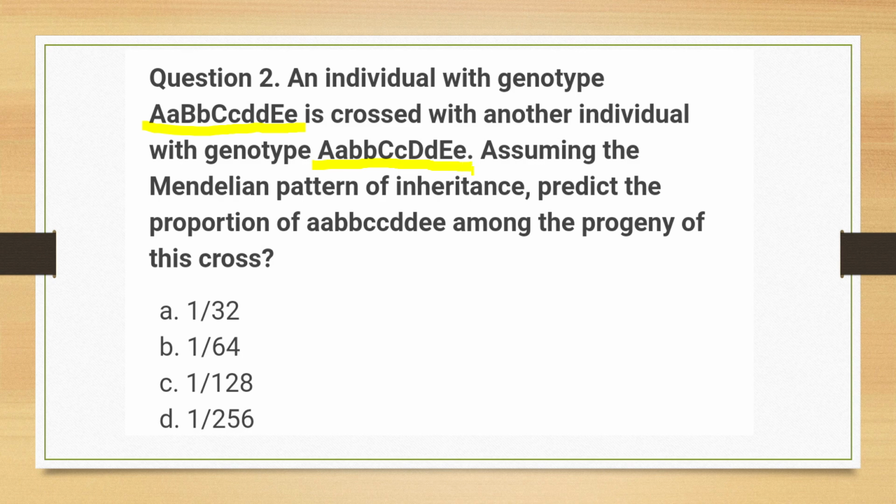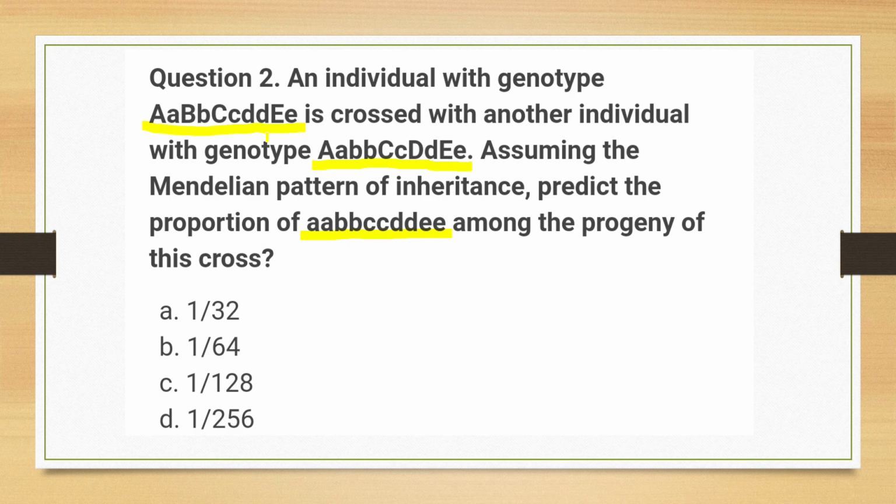Two individuals of different genotypes are crossed, and following the Mendelian pattern of inheritance, you have to predict the proportion of offspring having small a, small b, small c, small d, and small e genotype.